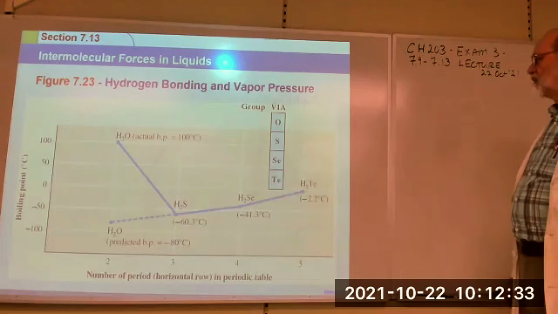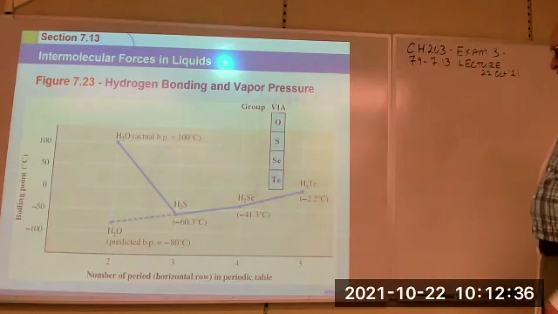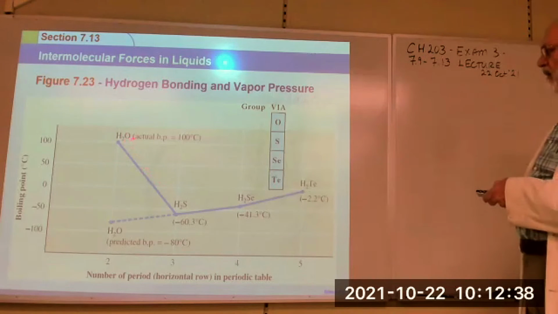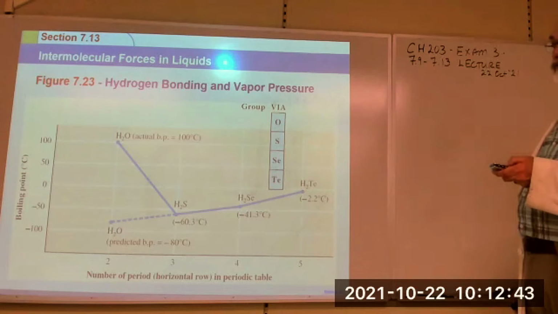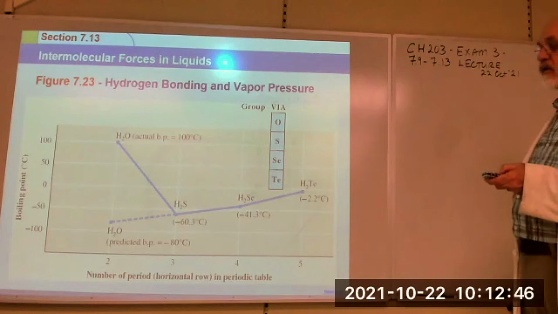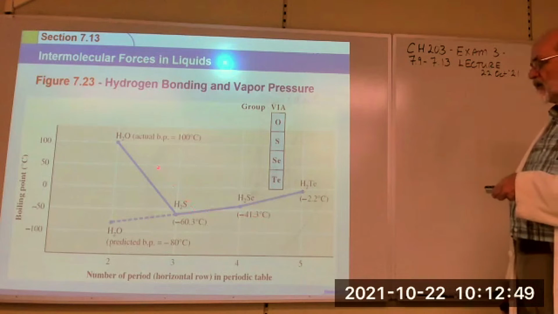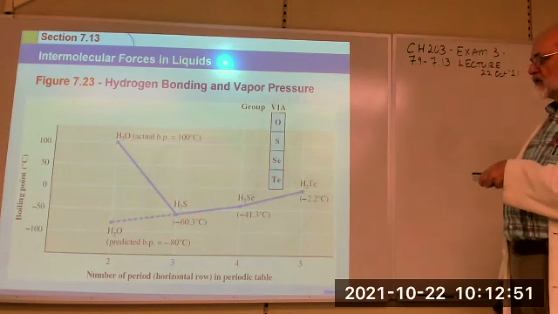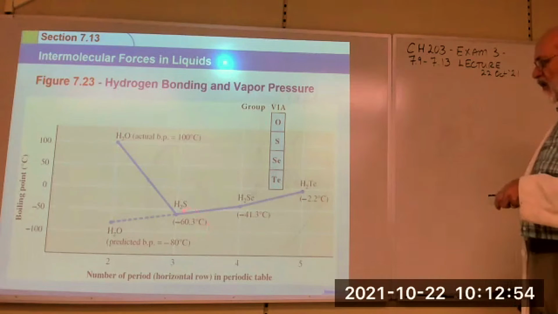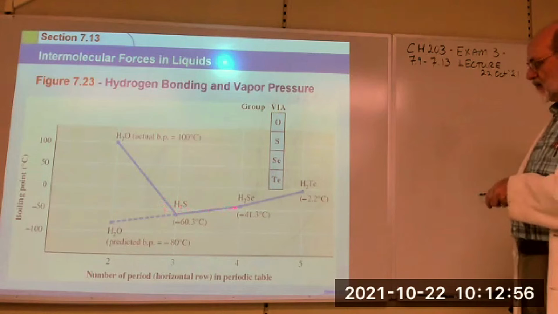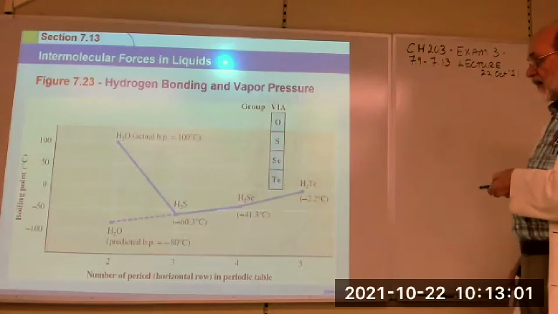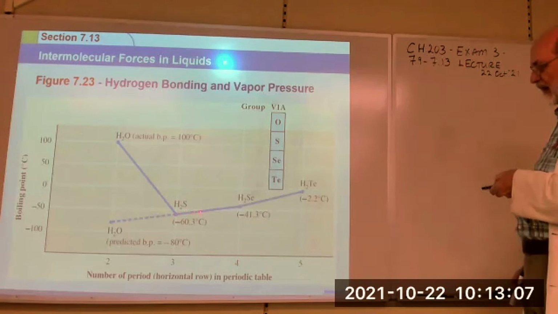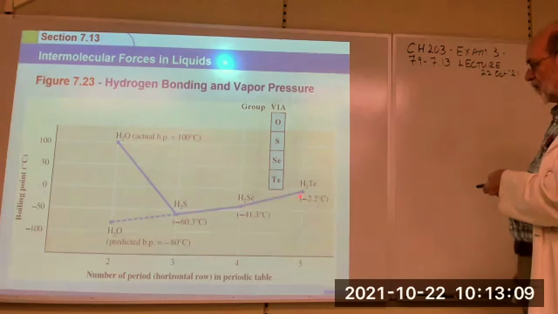Okay, what's the point of this slide? We're moving from oxygen to sulfur to selenium to tellurium. So we're going down a group, and we're making the hydrides of each one. The hydride of oxygen is water. The hydrides of sulfur, selenium, and tellurium are H2S, H2Se, and H2Te. What we notice is that the boiling point of these increases almost linearly, like that.